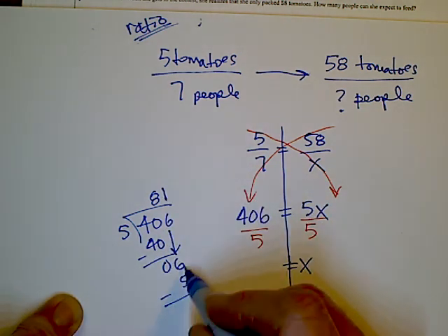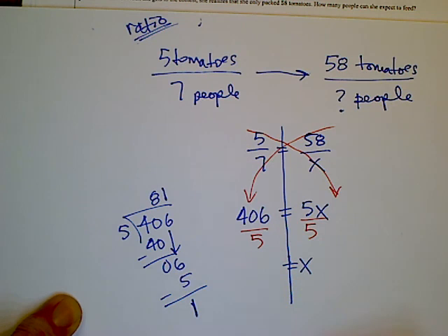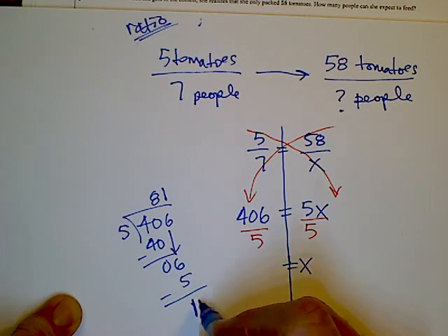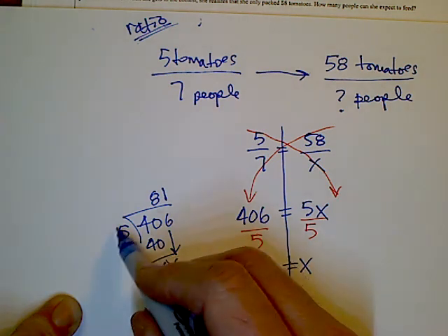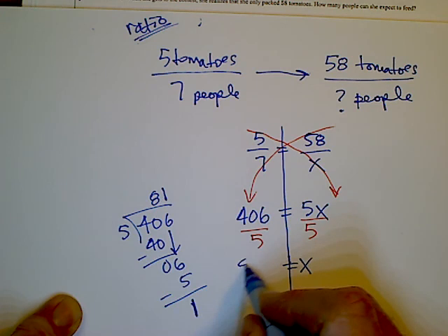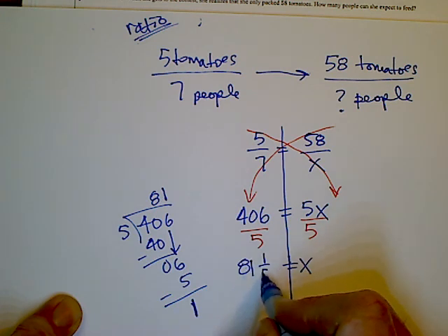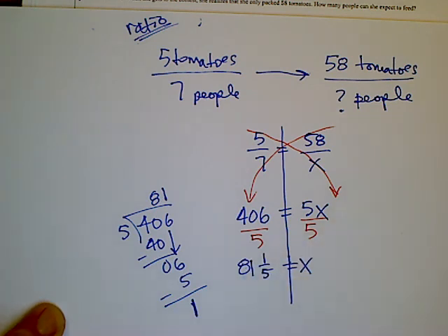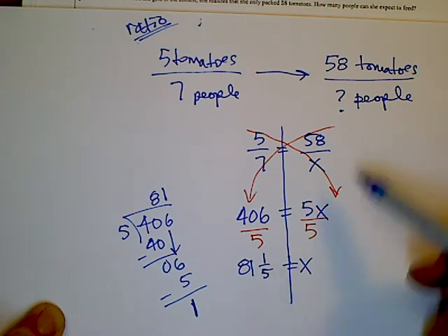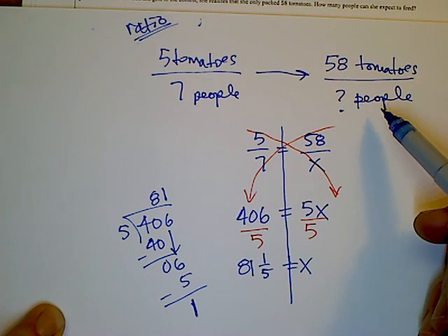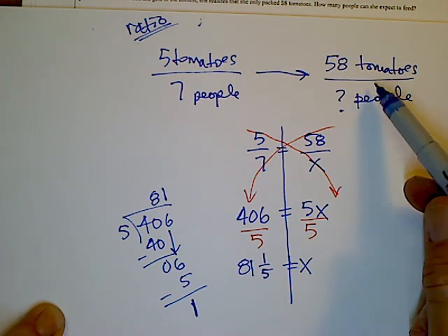I'm doing long division, but I want to keep my remainder. Now that I have my remainder, that becomes the new numerator, and my denominator is what I divided by. So this is 81 and 1/5. So I can write it in fraction form instead of decimal form.